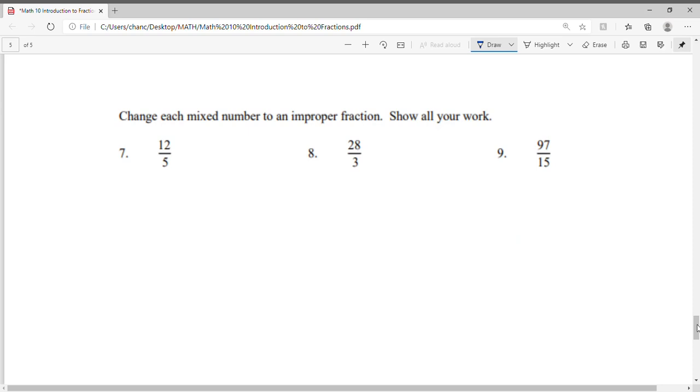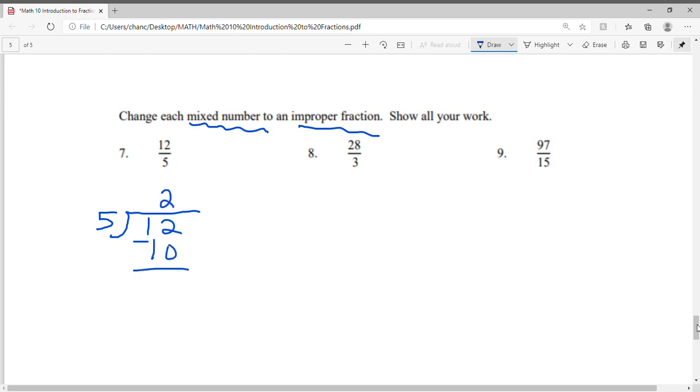In question 7, 8, 9, we want to convert this improper fraction to a mixed number. Now the best way to do this one is to use division. I'm going to divide 5 into 12 to figure out how many whole parts there are. And once we figure out how many whole parts, we can convert this to a mixed number. 5 goes into 12 twice.